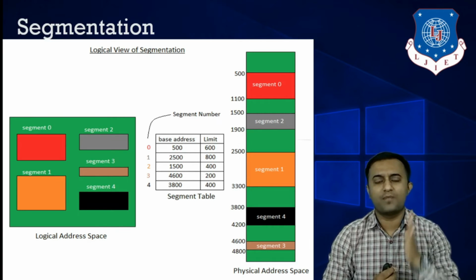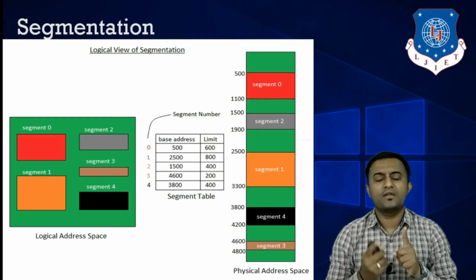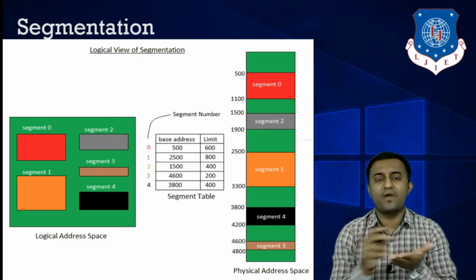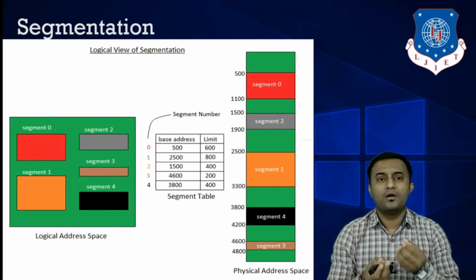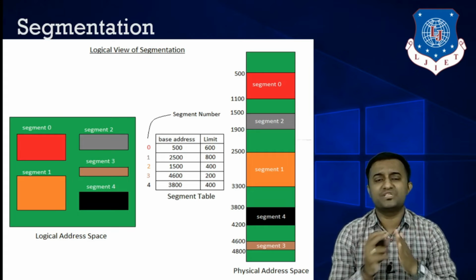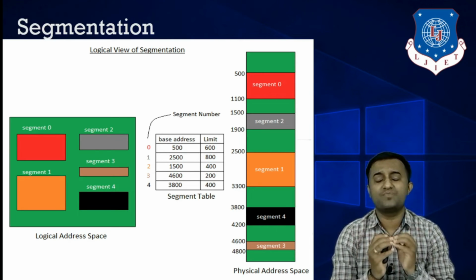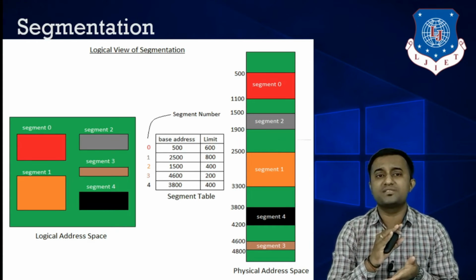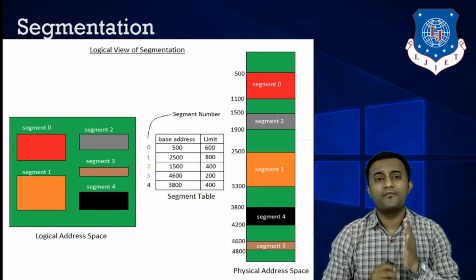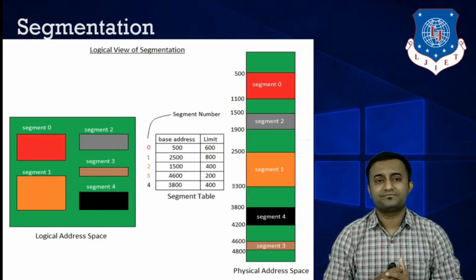So this is one program of calculator. If you are using the paging technique, that program is simply divided irrespective of where the addition function starts and where it completes. The operating system will simply divide the whole program into fixed size pages.